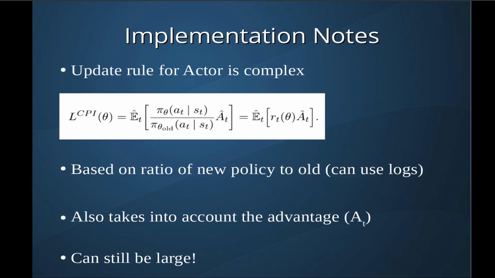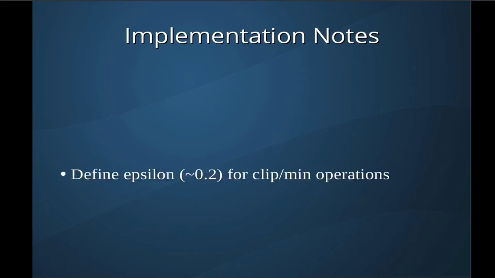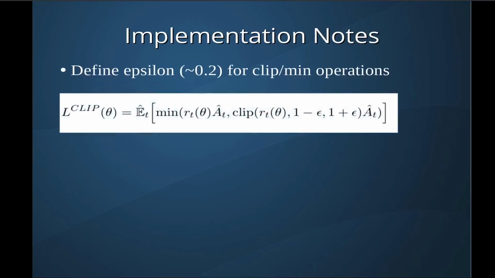Because the whole point of this is that we want to constrain the updates to our deep neural network to be some relatively small amount. And so the way you deal with that is by adding an additional hyperparameter, epsilon, that you use to clip that ratio. So we're going to clip that ratio within the range 1 minus epsilon to 1 plus epsilon. So let's say from 0.8 to 1.2.